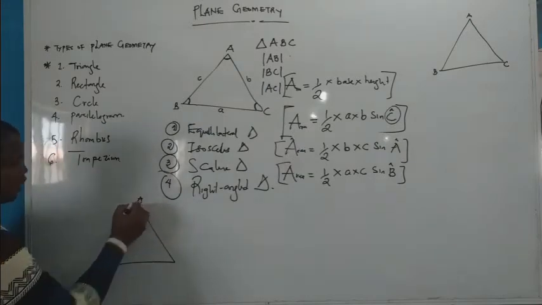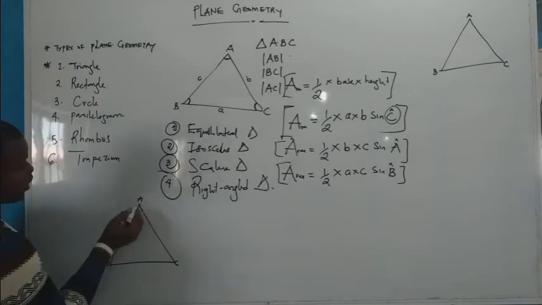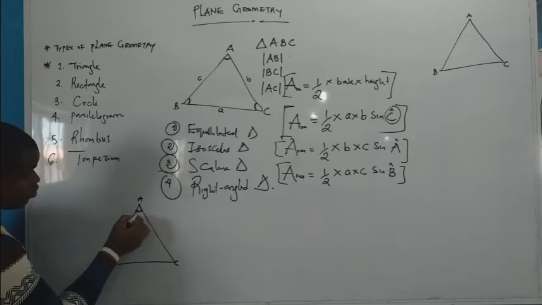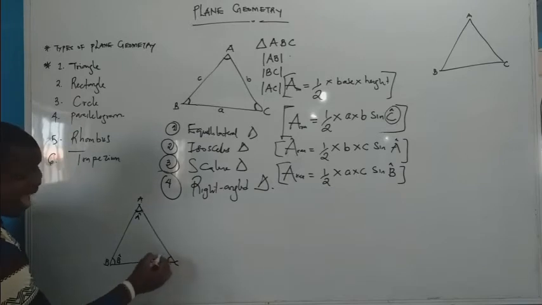We have A, we have B, and we have C. The angle here is called the angle A, and the angle here is called the angle B. And the angle here is called the angle C.